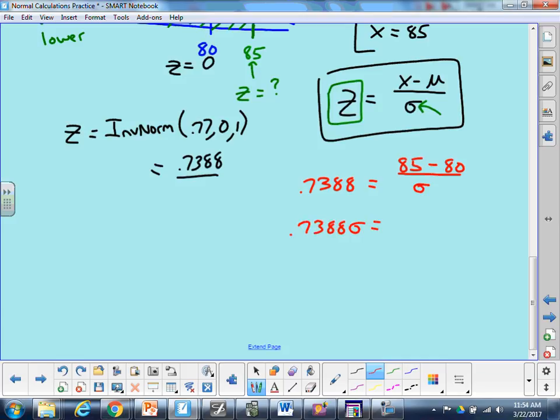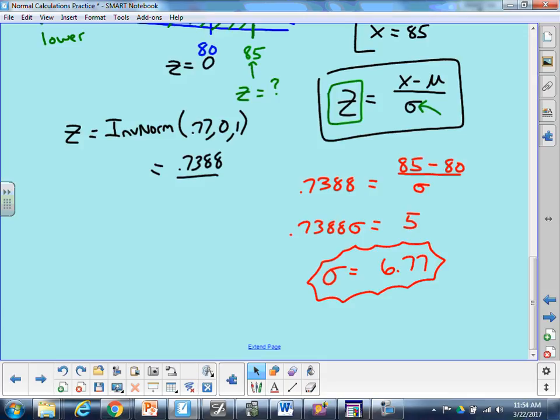Of course 85 minus 80 is just 5. And if we divide both sides by the 0.7388, we get our answer. Sigma is approximately 6.77. That would be the standard deviation that would make all this work.